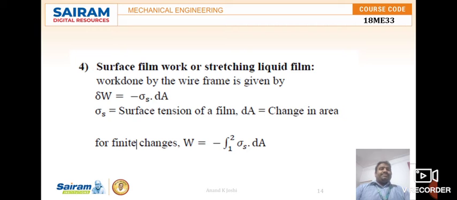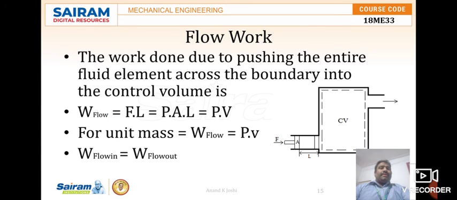Next, flow work. Take any tank having an inlet and an outlet, with different datum lines. The work is done by pushing the entire fluid element across the boundary into the control volume. We can write it as work flow in and work flow out, so that is the balance.